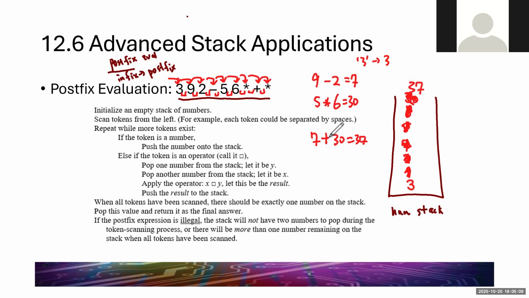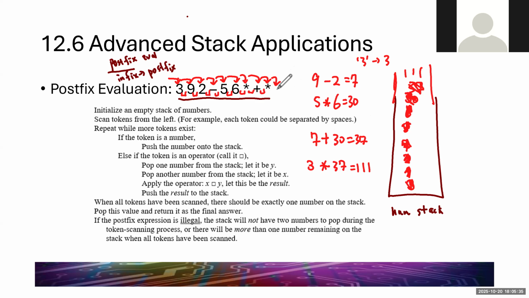I continue the scan, and it's multiplication. I pop the two numbers out, 37 and 3, and calculate it, which is 111. Then I push this number to the stack.